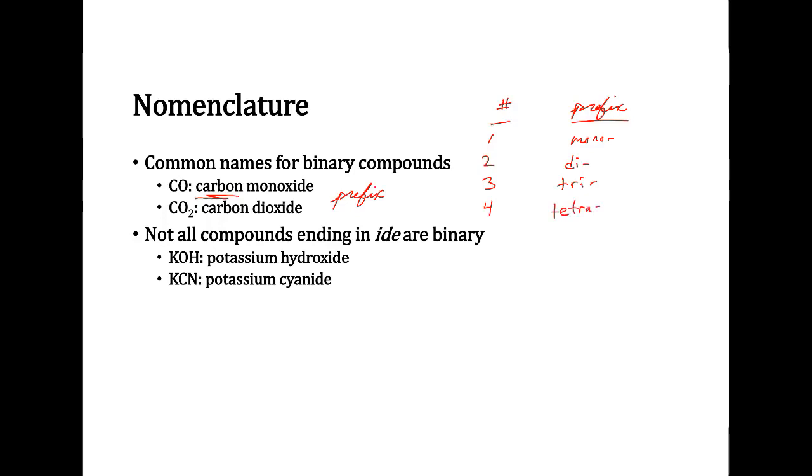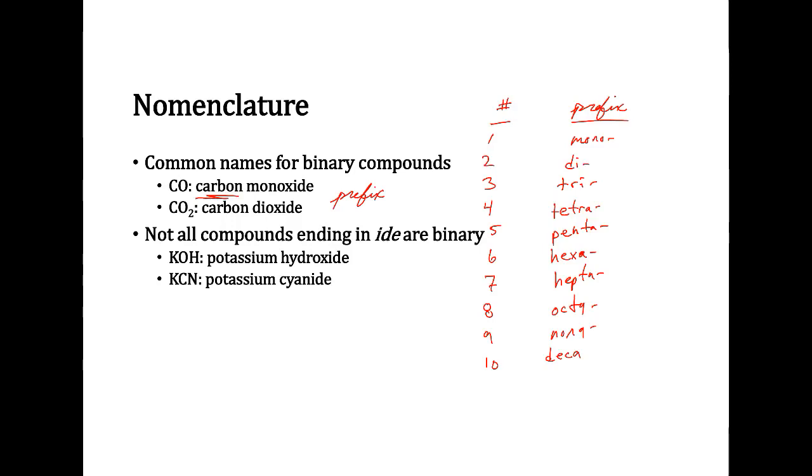All of those blocks are formed off of 4 little blocks. 5 is going to be penta. 6 is going to be hexa. 7 is going to be hepta. 8 will be octa. 9 will be nona. And 10 will be deca.